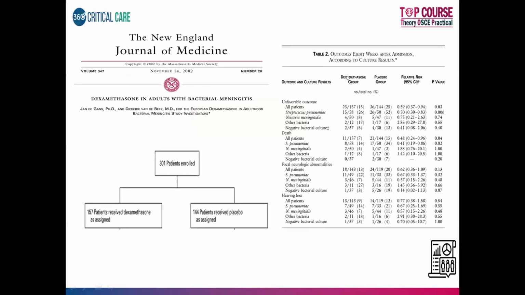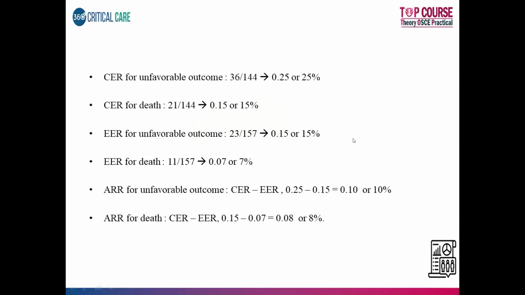You have to take the experimental group. What is the experimental group here? You are giving dexamethasone, right? So unfavorable outcome would be 23 by 157, and the EER for death would be 11 by 157. So that would be 0.15 and 0.07.